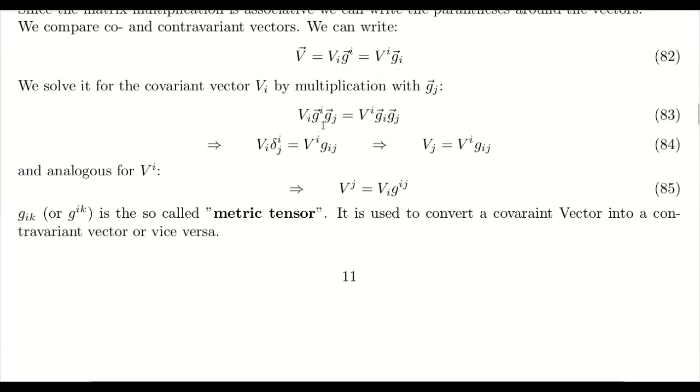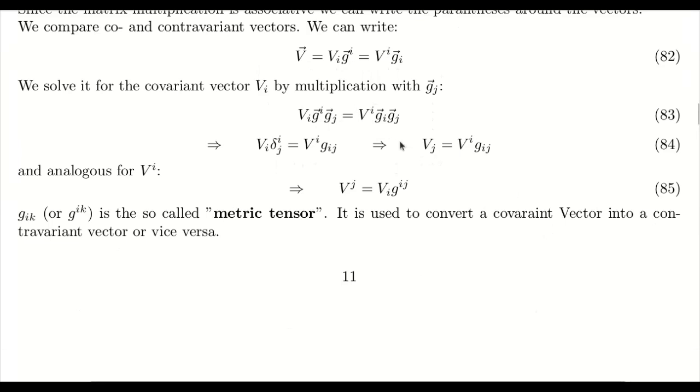And we know this product here, that's the Kronecker delta. And if we multiply with the Kronecker delta here, nothing would happen. The only effect is, instead of i, we have the index j here for the covariant v vector.